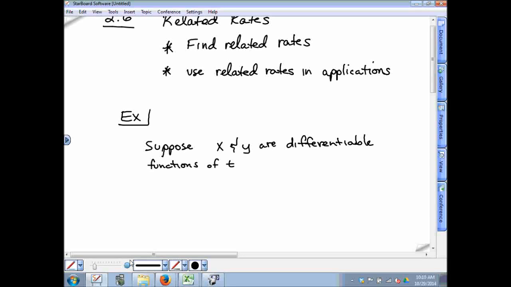So x and y don't represent unknown values. x and y represent unknown functions of t. And x and y are related by this function, y equals x squared plus 3.